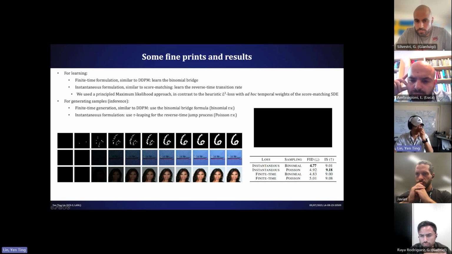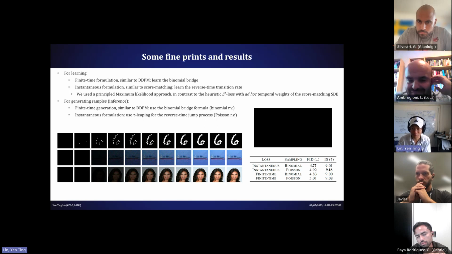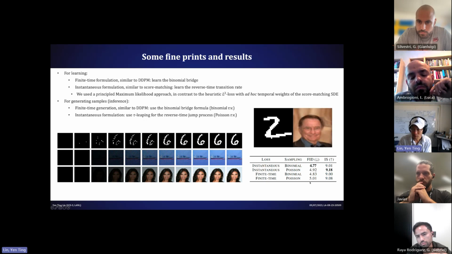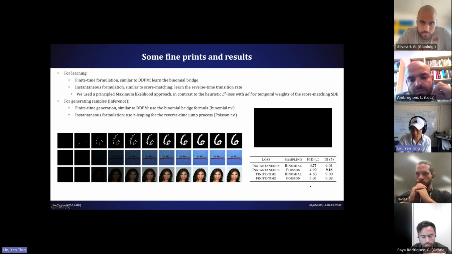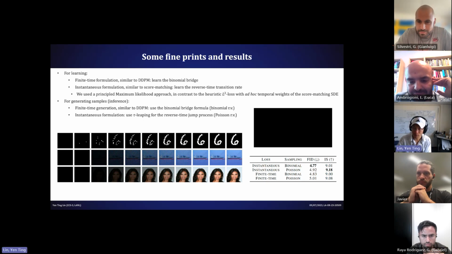And somehow the neural net sees these discrete scattered pixels, pads in the missing parts, and gives you the final results. We computed the FID and the inception score, just to check the box, because every paper has this, and we saw that it's comparable to the continuous. It's slightly worse, but we didn't optimize it.